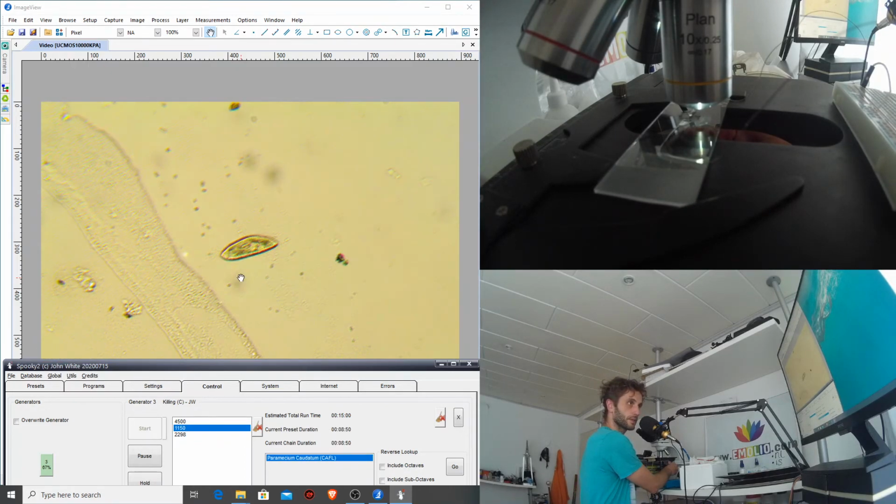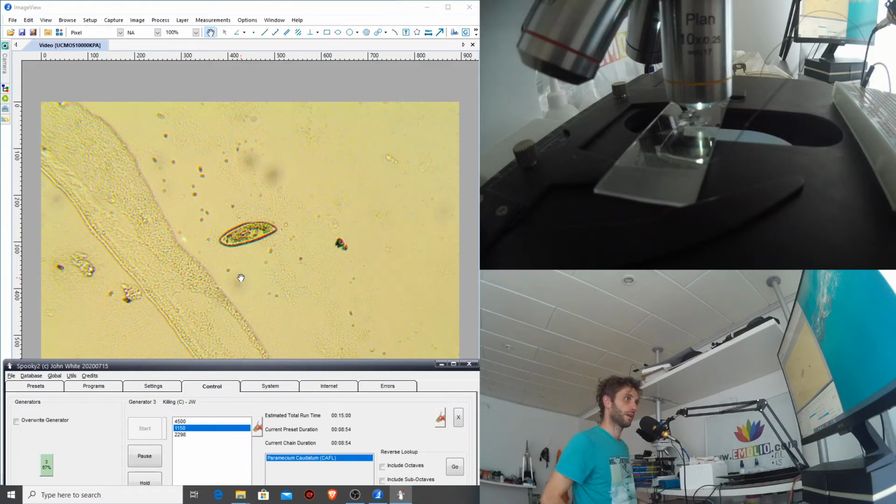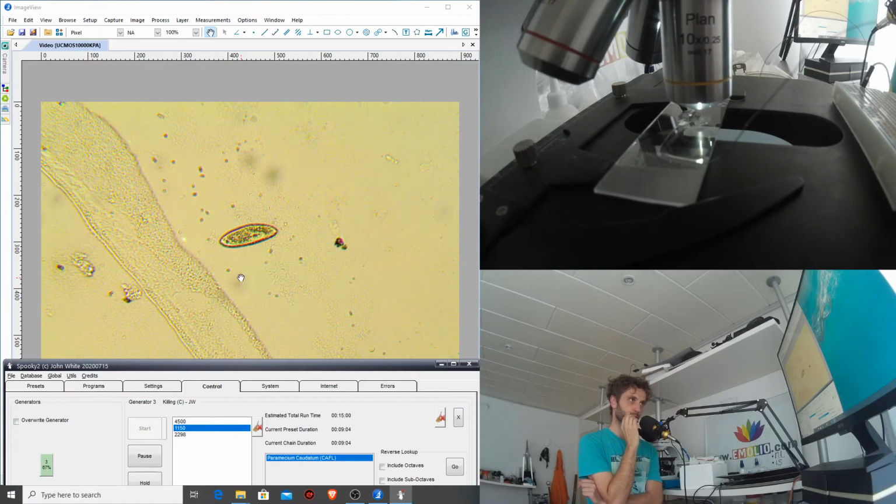So there it is. I can see that there is not much movement. There is some movement, but not much. So actually, this I could say is a successful experiment.